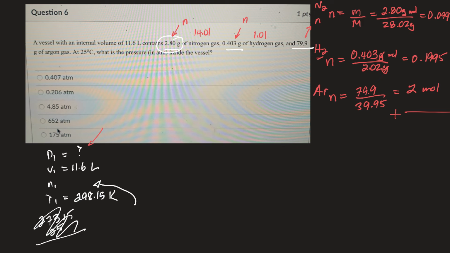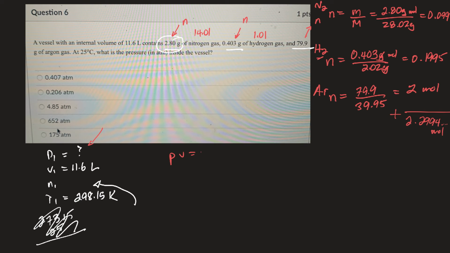So I need to add that plus the first one, 2.8 divided by 28.02, plus 2. And I did this without rounding, so it's 2.2994, etc. moles. So that's the total number of moles of gas that I have.